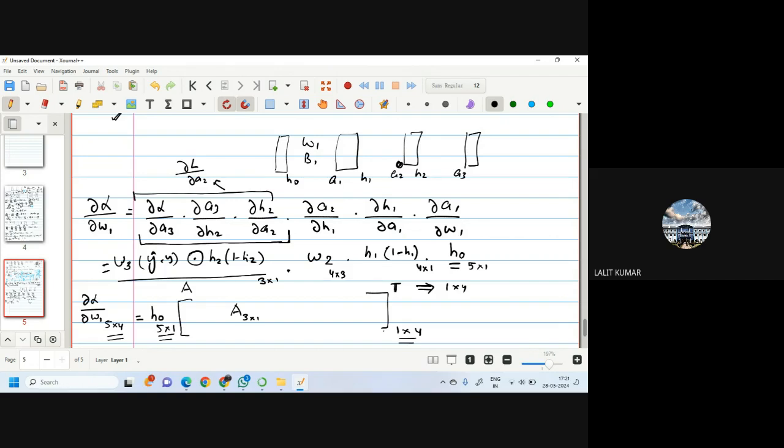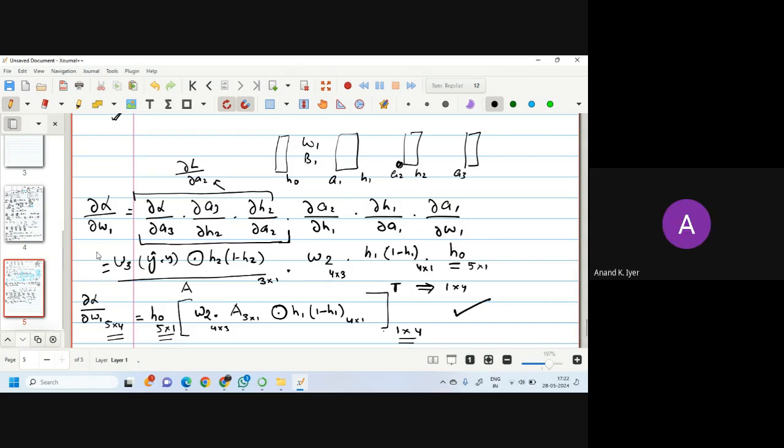I multiply W2, whose size is 4 into 3, into A3, into H1 into 1 minus H1, which is 4 into 1. This becomes 4 into 1 times 4 into 1, and when I do the transpose, I'll get 1 into 4.